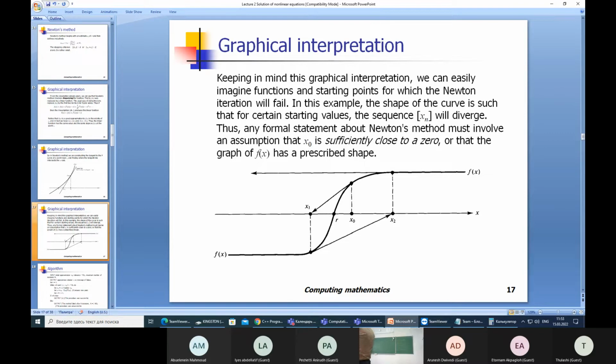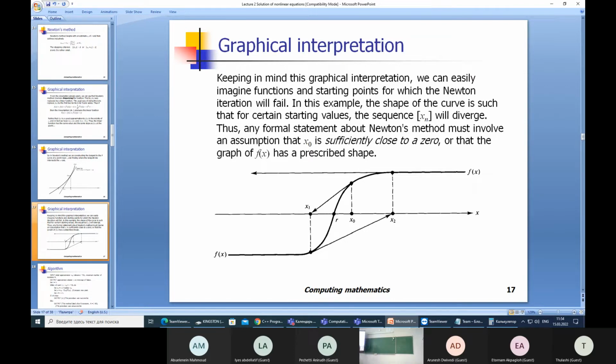Please look at this picture. Suppose that the function f of x looks like this. Very simple function. It has only one root, this one. Keeping in mind this graphical interpretation, let's imagine how the method will work.